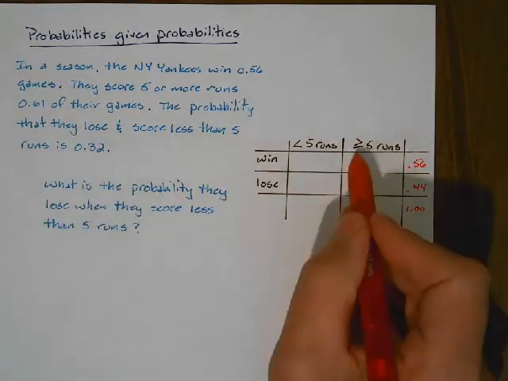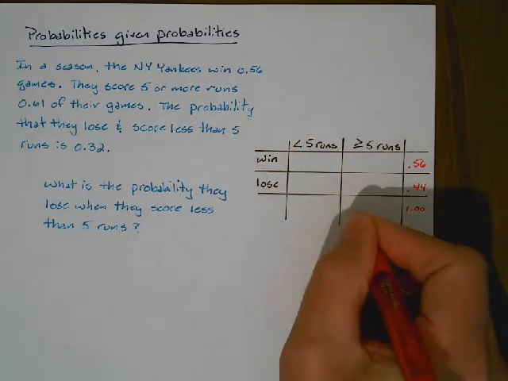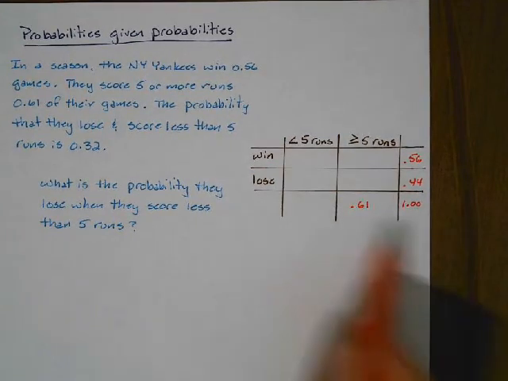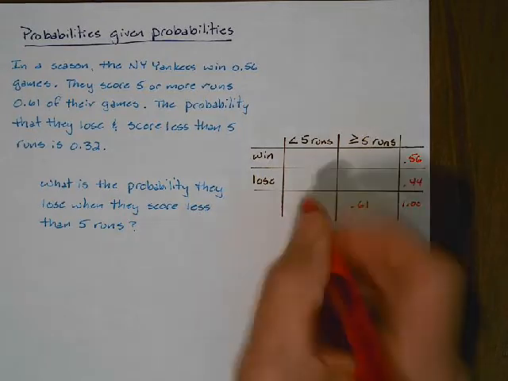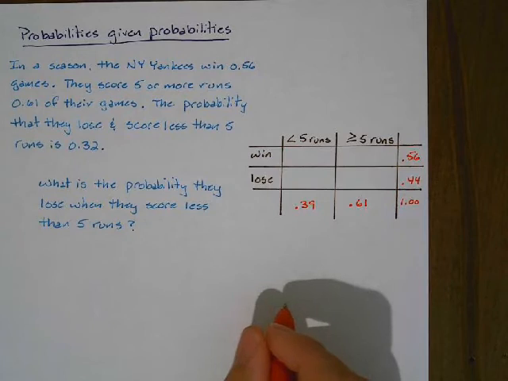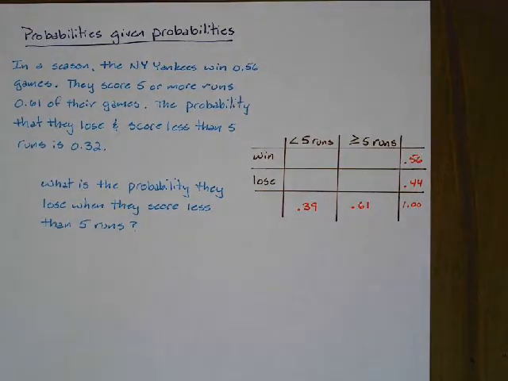So 5 or more, greater than or equal to 5, that is 0.61. Which means if 61% of the time they're doing 5 or more runs, that means 0.39, 39% of the time, they're not doing 5 or more runs. That's less than 5 runs. And these two have to add up to 100%.